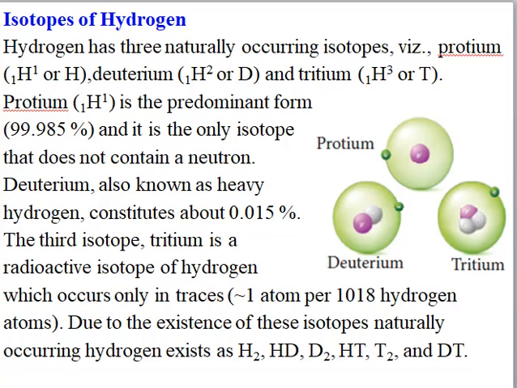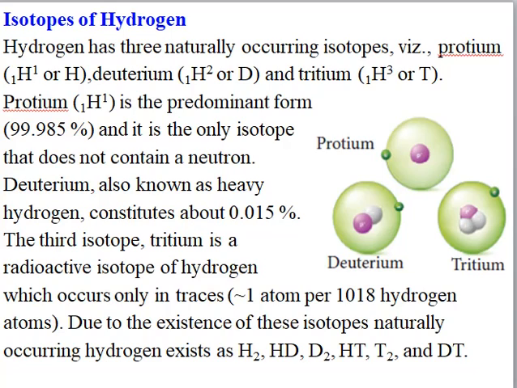This is indicated by H13 or T. Mostly, natural hydrogen contains 99.985 parts of protium and 0.015 part of deuterium, and tritium is a radioactive isotope.